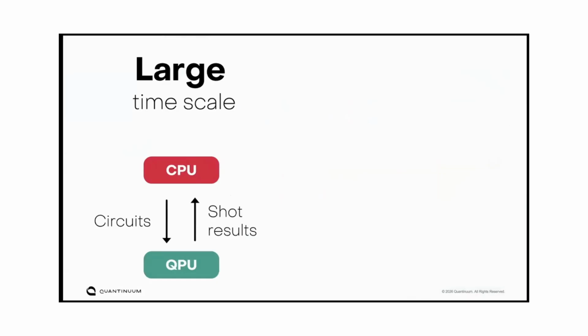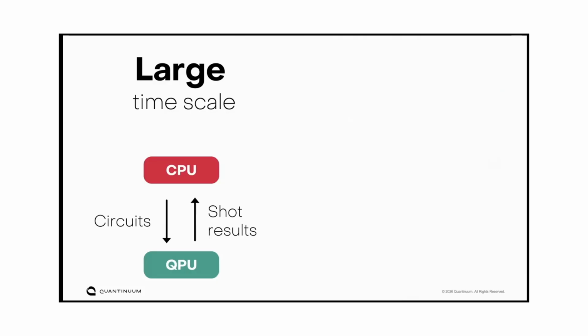I will need to be a bit careful when talking about this because hybrid quantum classical computation can happen at quite different timescales. Okay? On the one hand, we can have this very large timescale picture. What I'm imagining here is we have a classical computer that maybe produces some circuits, and then you submit these circuits to your quantum processor, the QPU runs it, maybe for many shots, and then reports these results back.